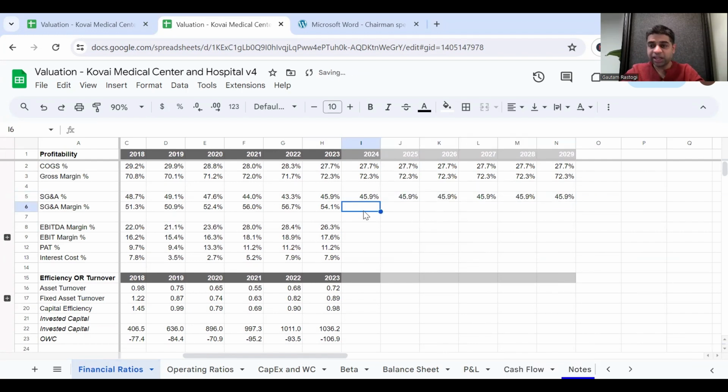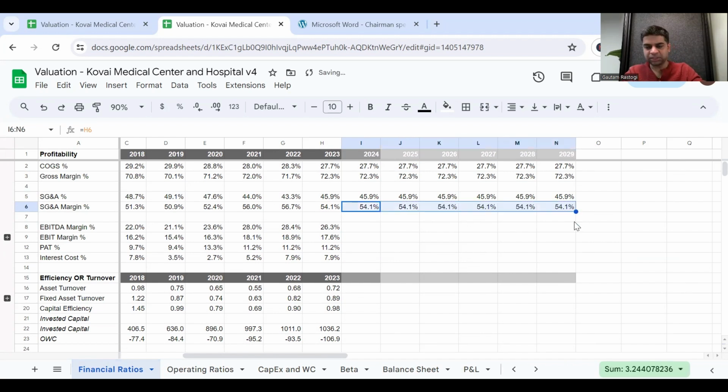SG&A is the fixed or indirect cost. I spoke a lot about it in the financial analysis video, and what it means for hospitals. It gives them a lot of operating leverage.